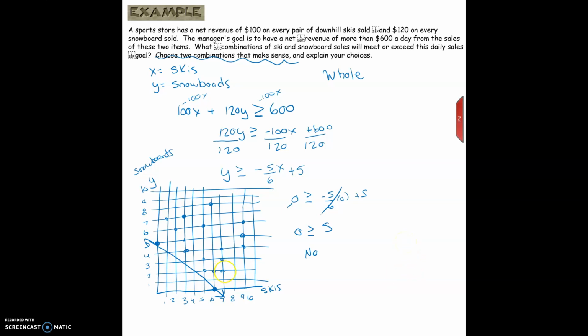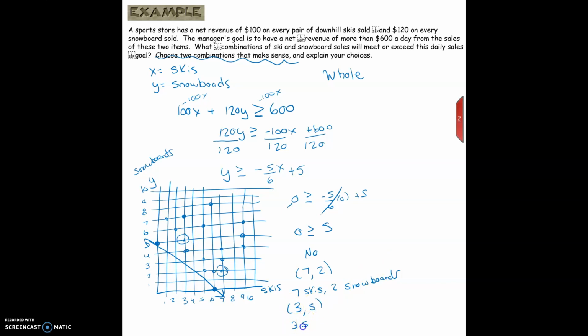We can pick any point we want. So we can pick this one. So that's the point 7 and 2. So I can have 7 skis, 2 snowboards. And another point, let's pick this guy. So that is 3 and 5.